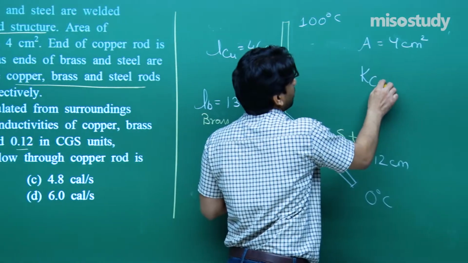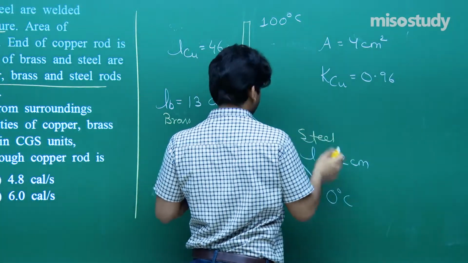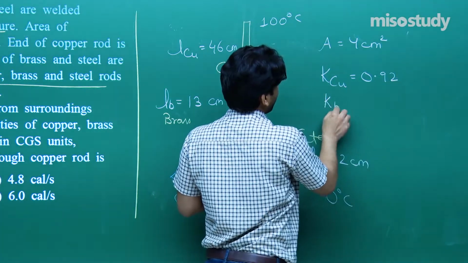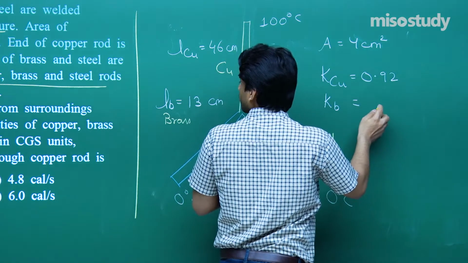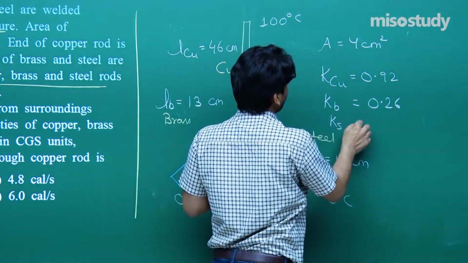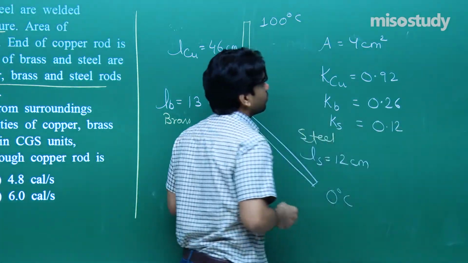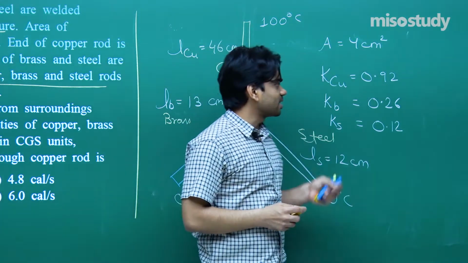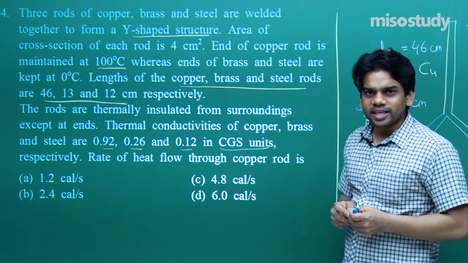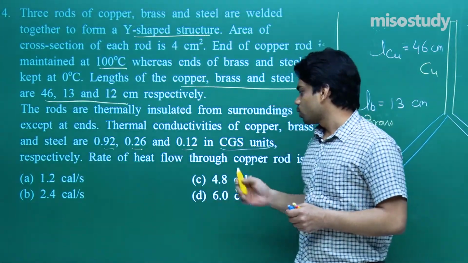For copper it is 0.92, for brass it is given as 0.26, and for steel we have been provided this as 0.12. This is given for the thermal conductivity of copper, brass and steel. In CGS units, we will see later on about how to supply the units in CGS system, respectively rate of heat flow through copper rod is.